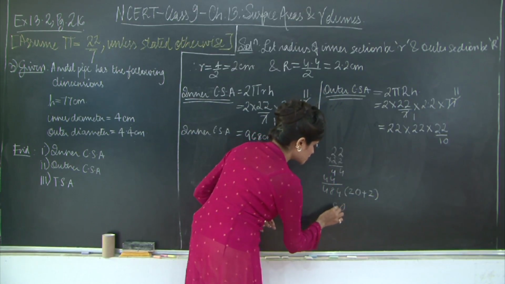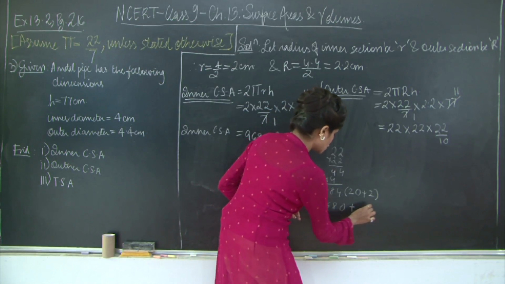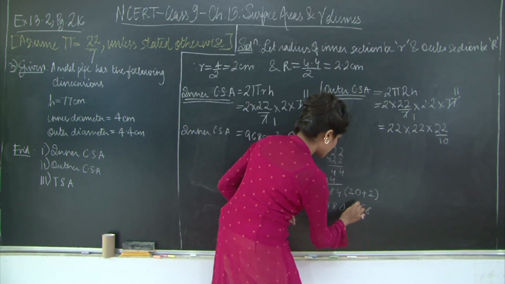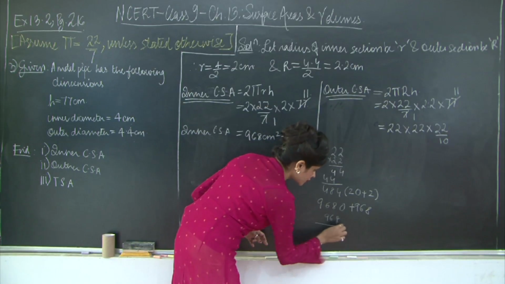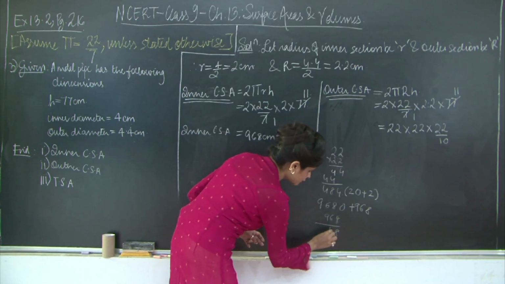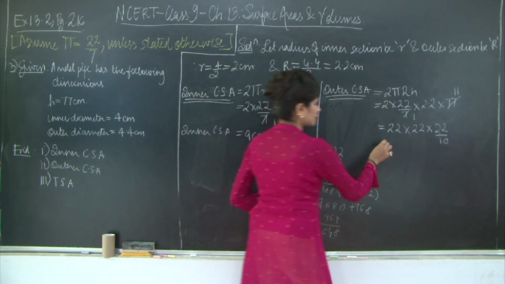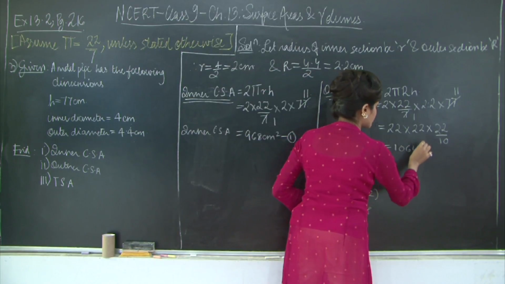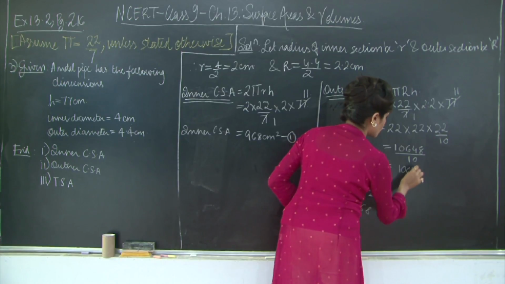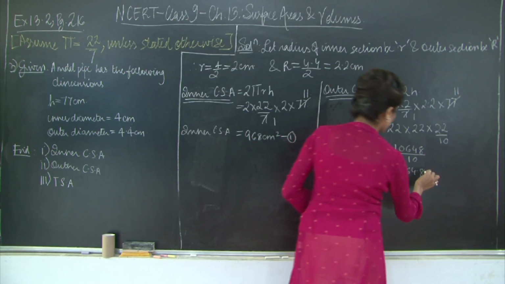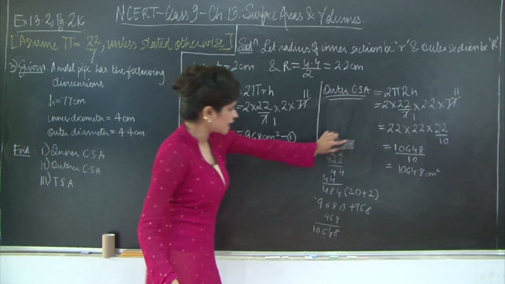So this is going to be 9680 plus 968, which gives 10648 divided by 10, which is going to be equal to 1064.8 centimeter square. So this was your outer curved surface area.